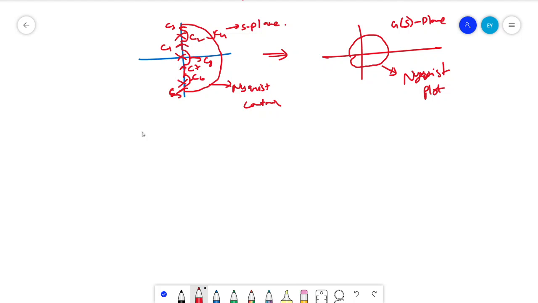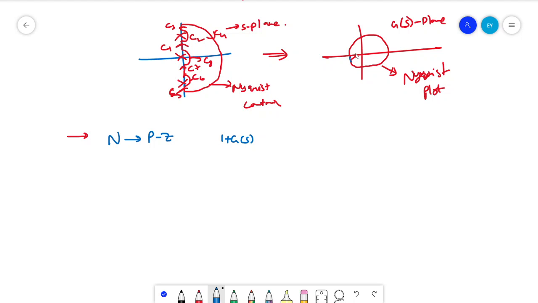Okay, so there are a few conditions to be noted based on the n value, right? As we discussed in the previous class, n is equal to p minus z. With respect to the origin, if you are considering the characteristic equation 1 plus g of s, we will be estimating encirclement with respect to the origin.